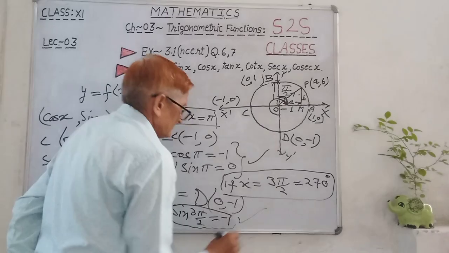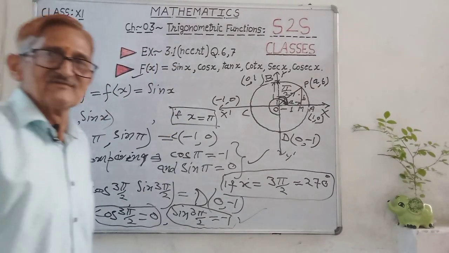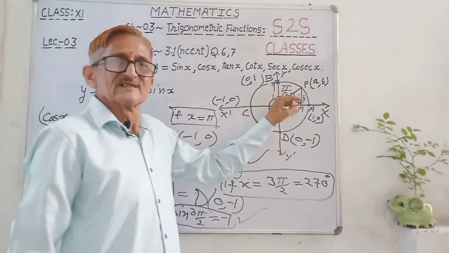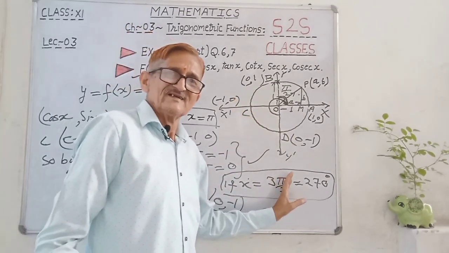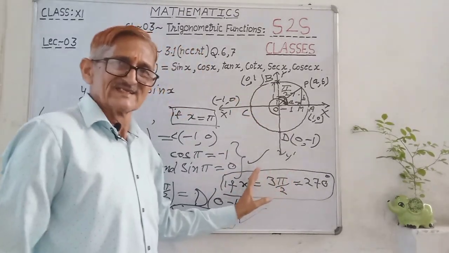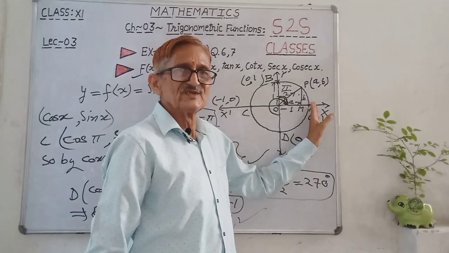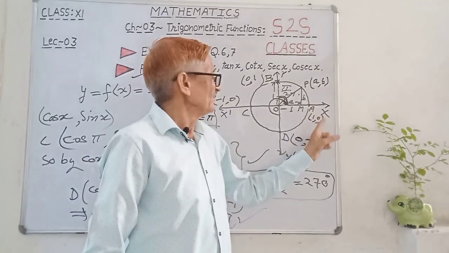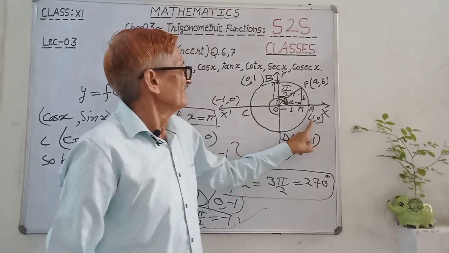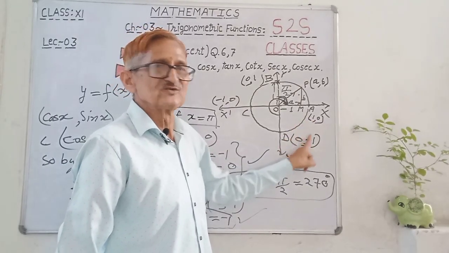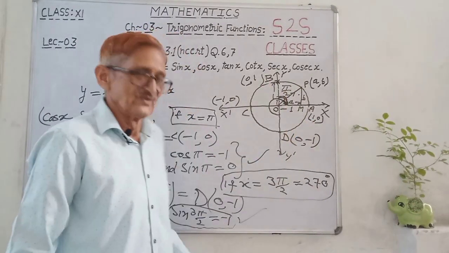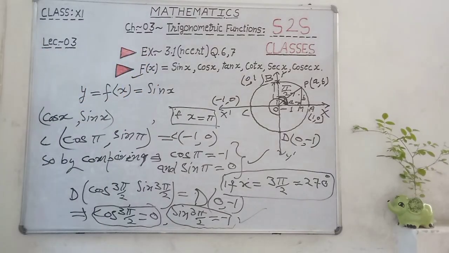So like this we are taking the values for greater than 90 degree, 180 degree and 270 degree exactly, and then the complete round 360, 2 pi will also come the same. Cos 2 pi is 1 and sine 2 pi is 0. Okay, so these points we understood here.